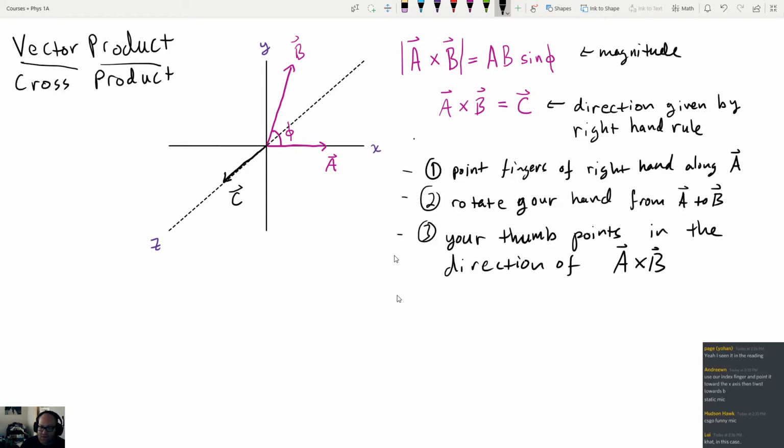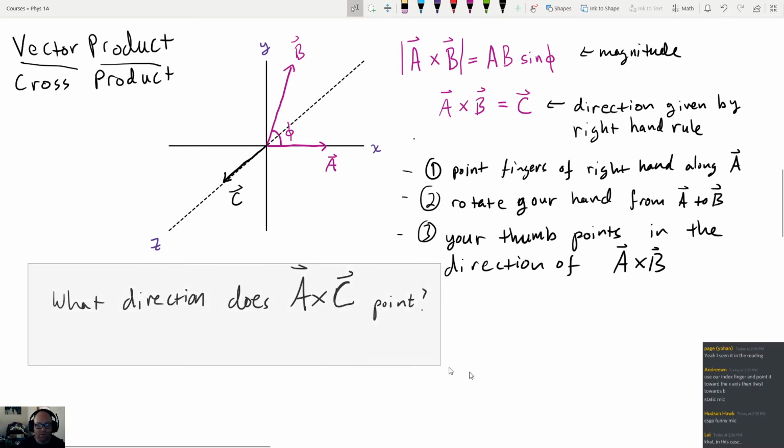I could ask the following questions too. Now that I have this other vector drawn on here, what if I ask the following question? What direction does A cross C point? What do you get if you do A cross C?